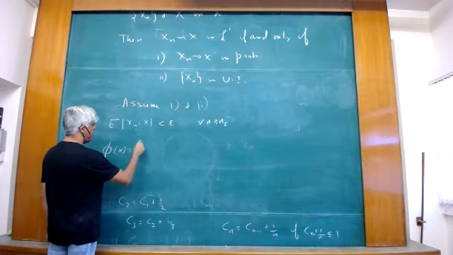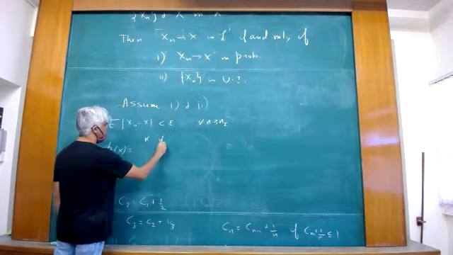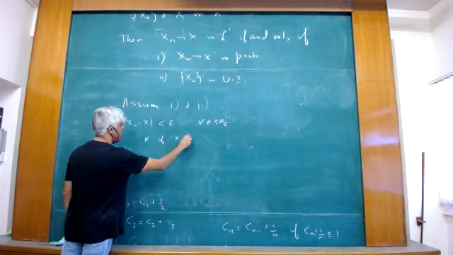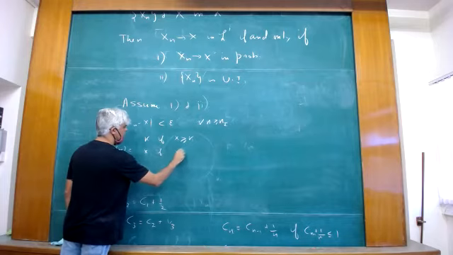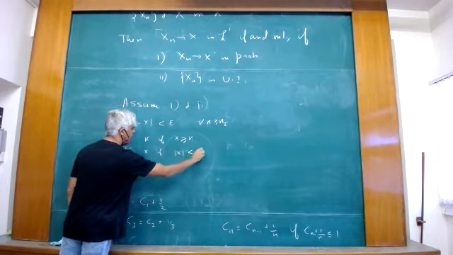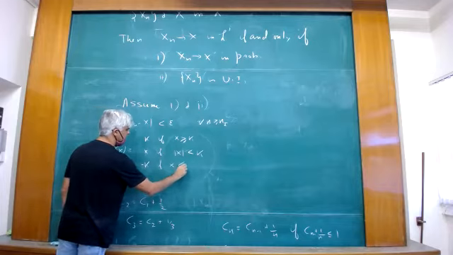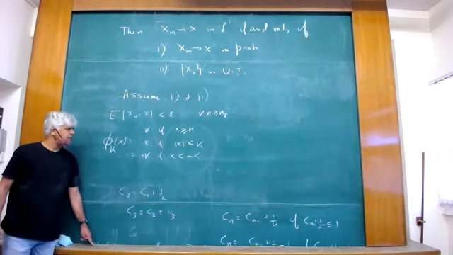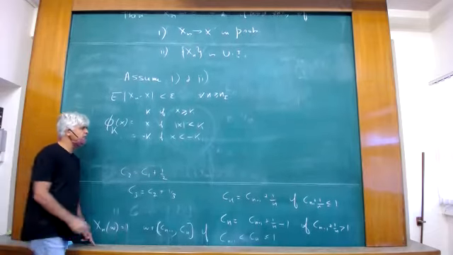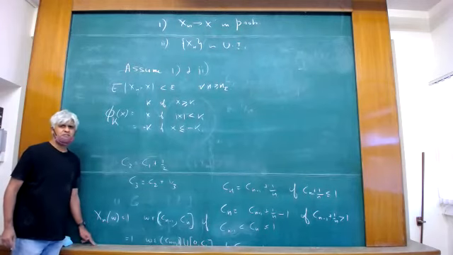It is kx, so it's equal to k if x is greater than or equal to k, it's equal to x if the absolute value of x is less than k, and it's equal to minus k otherwise. The reason I'm going to define this function is that it's a bounded function, so I can use bounded convergence here.